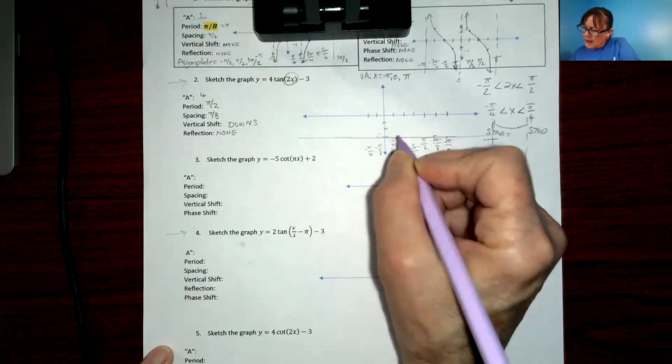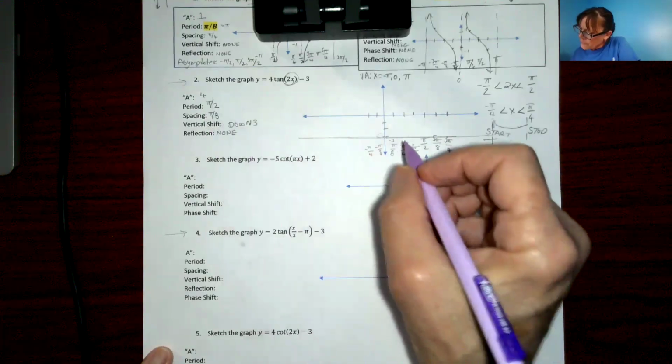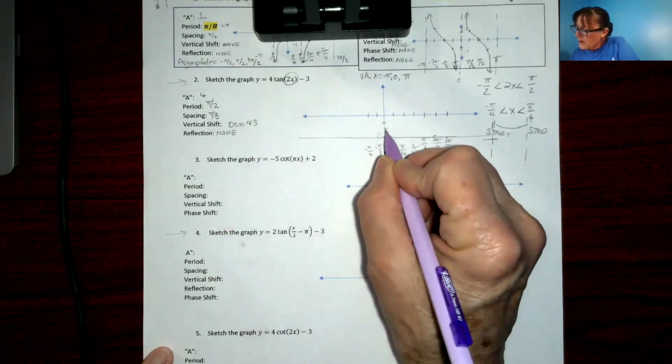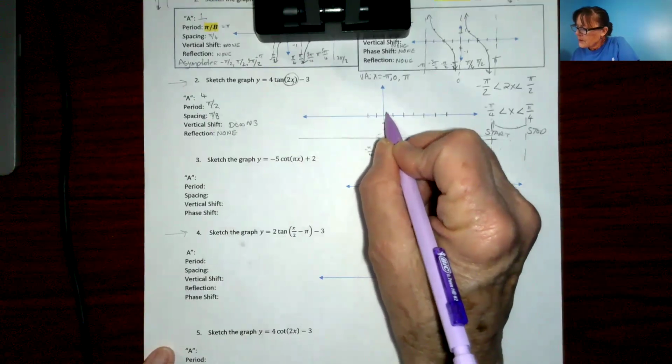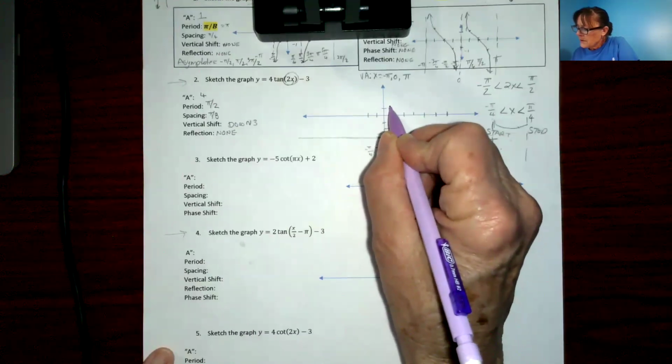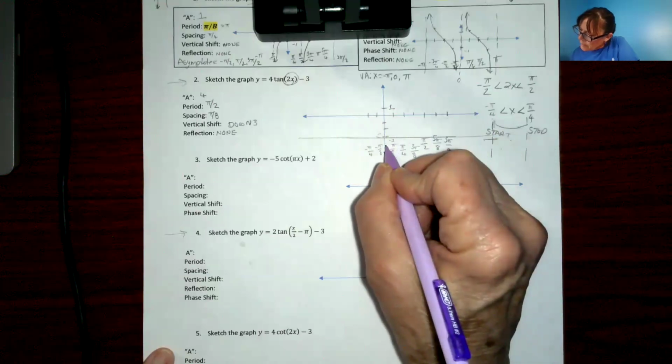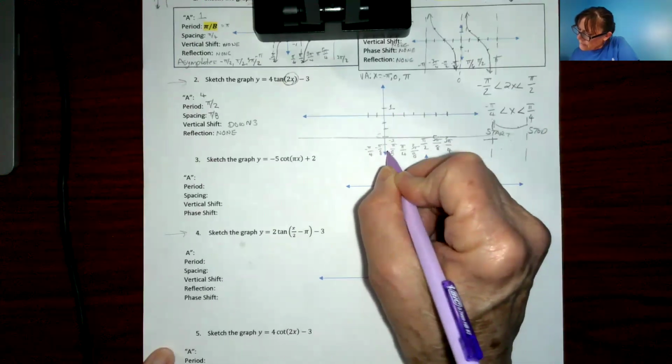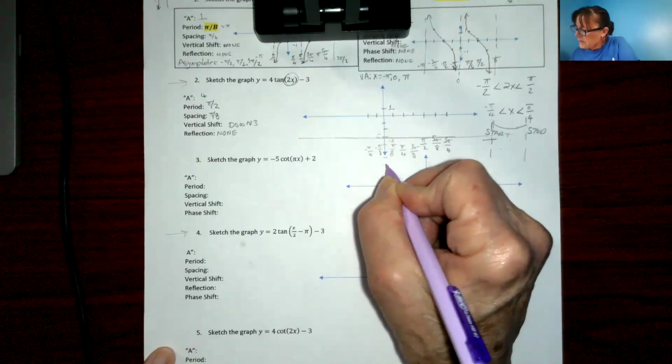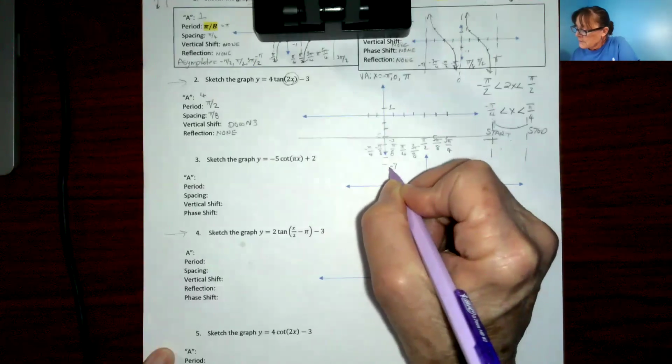This is negative 3, and then we're going to go up 4 and down 4. So we go up 1, 2, 3, 4 to 1. This is going to be the high. And we go down 1, 2, 3, 4 to negative 7. That's going to be the low.